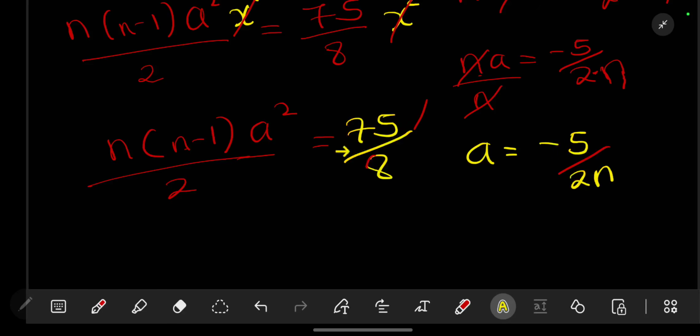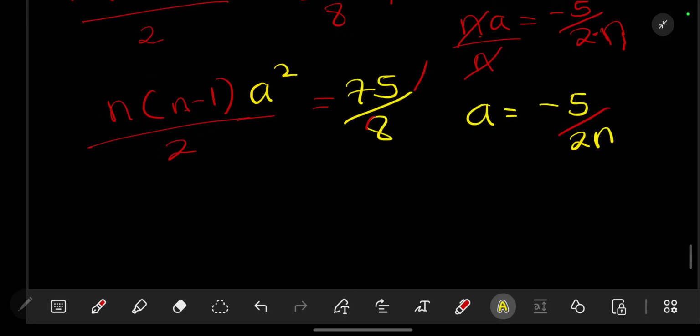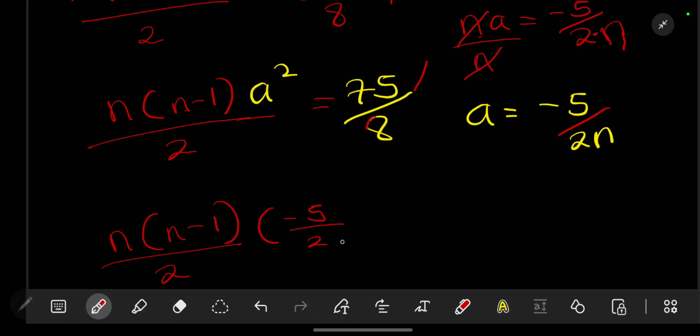So putting this value, we have (n − 1) over 2, and where there is a, we have (−5 over 2n), squared, should be equal to 75 over 8.